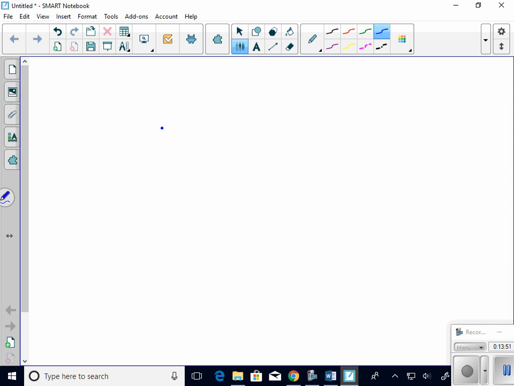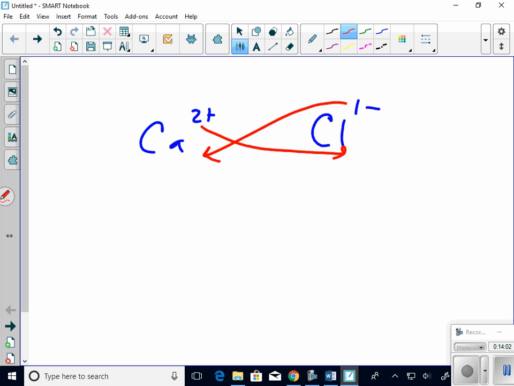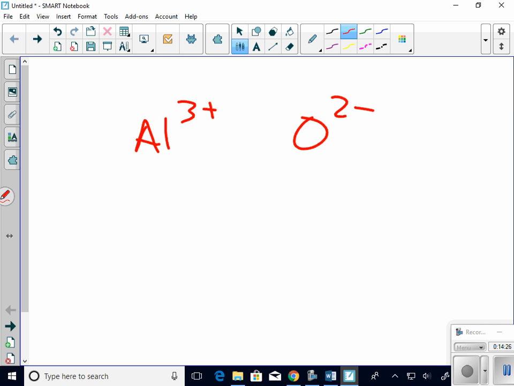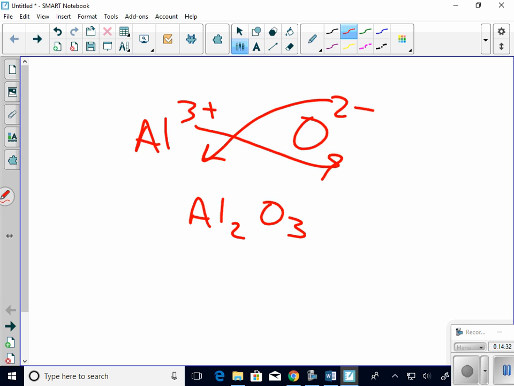And if we look at that Ca, 2 plus, and that Cl, 1 minus, what I mean by the crossover method is if I cross the 2 over here and I cross the 1 over here, I get CaCl2. Isn't that what we just said calcium chloride was? Right? The example I gave you is Al, 3 plus, O, 2 minus. If I do the crossover, it gives me Al2O3.